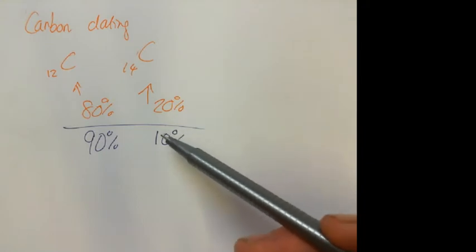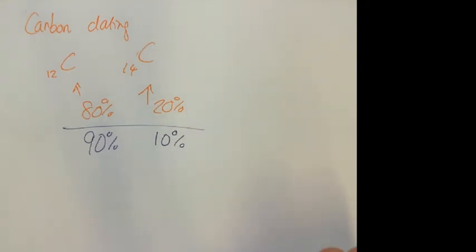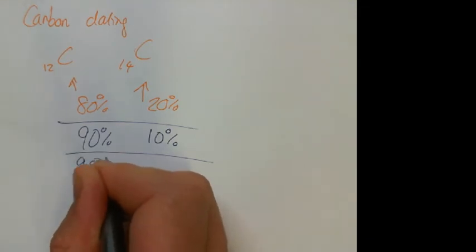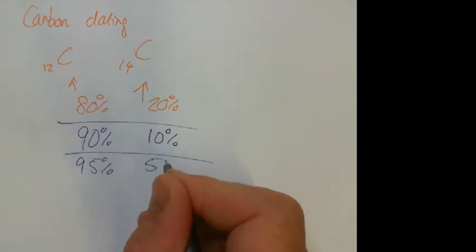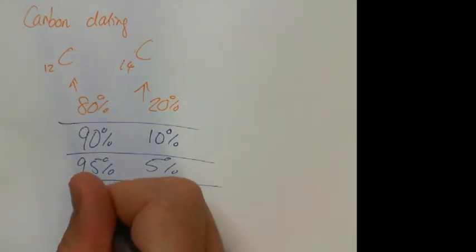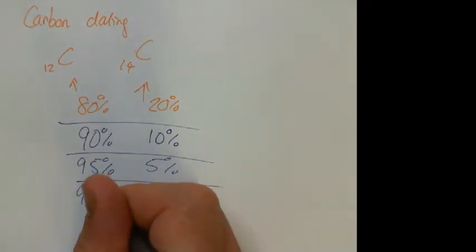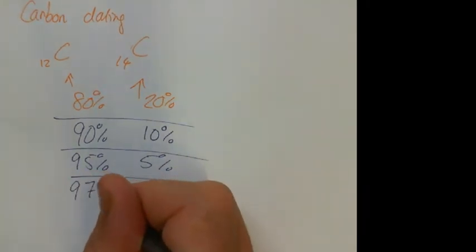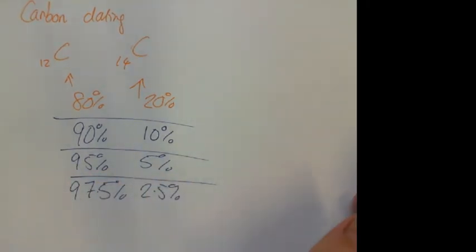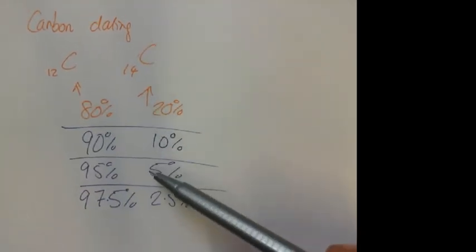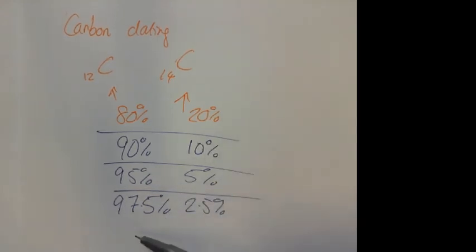So you are as old as 1 half-life of carbon-14, and then you can just keep going. That way we can work out how old something is, because when it dies, this percentage is fixed in place. I've just used 80-20 as an example.